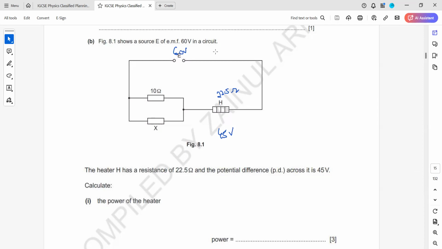Yes, it will be 15. So this will be 15. And we need the power of the heater. If we need the power of the heater, with resistance and voltage, P is equal to V squared over R. So 45 squared divided by 22.5, you'll get 90.